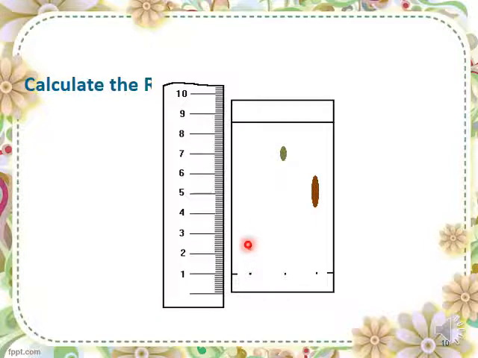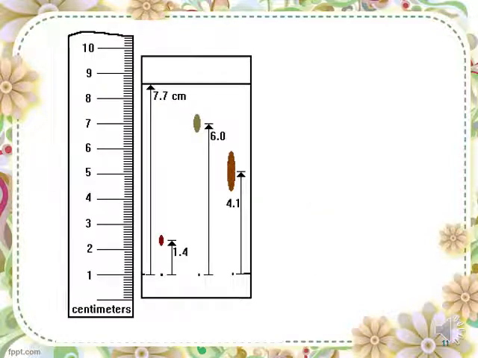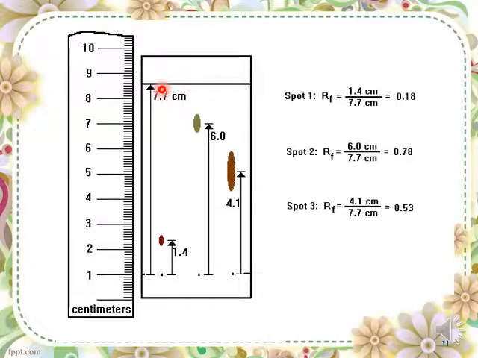Make sure you measure to the center of the spot. So this is how it should be done: distance traveled by the spot over distance traveled by the solvent front. This would be the retention factor value for each spot.